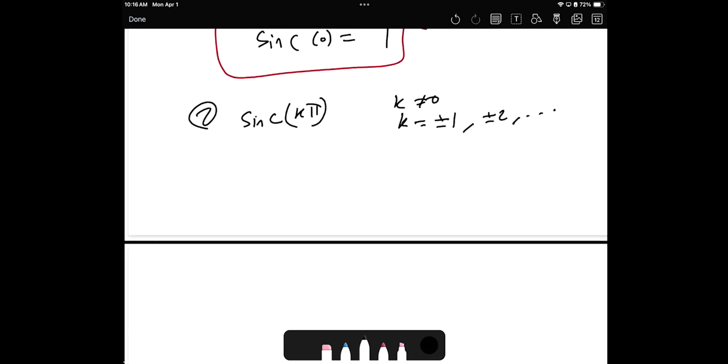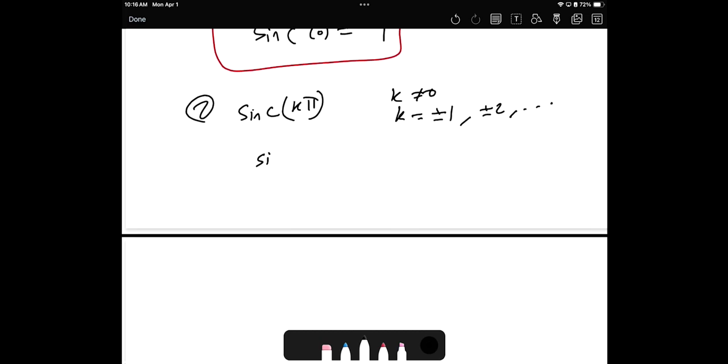I'm going to use the unnormalized, which is sine pi x, so it will be sine k pi over k pi. Sine k pi, sine of anything times k pi will be 0, over k pi. So sinc k pi equals 0 for all k not equal to 0.